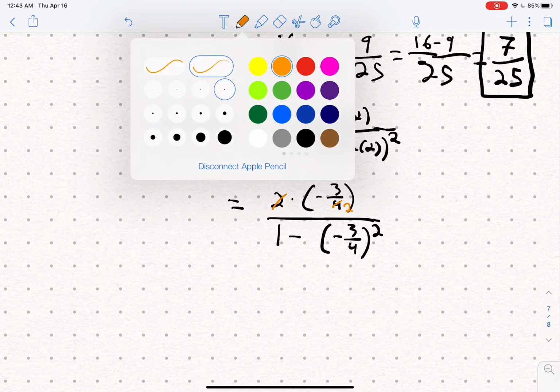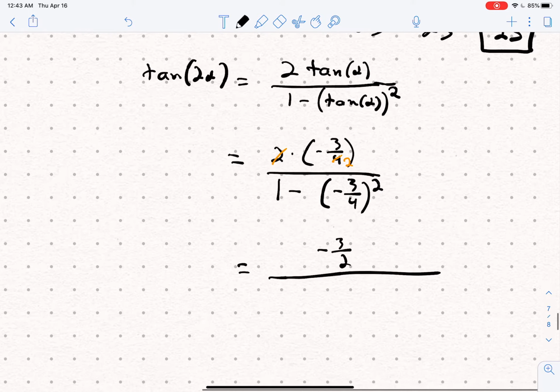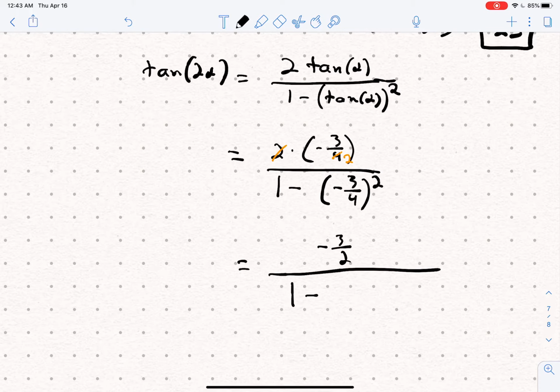And so on the top of this big fraction, we have negative 3 over 2. On the bottom, it's 1 minus negative 3/4 squared. The negative times the negative is going to cancel when we square it, but there's still a negative there from the middle, so I'm going to leave that negative there.